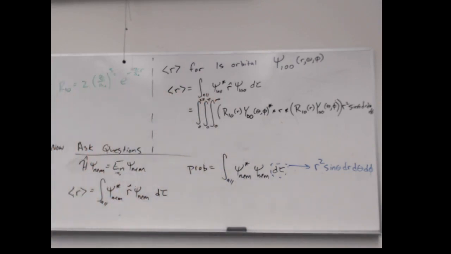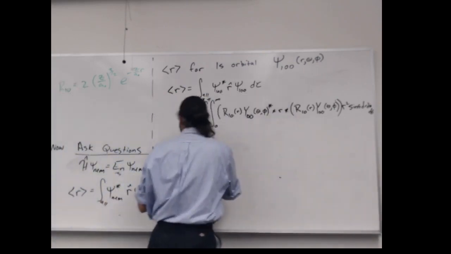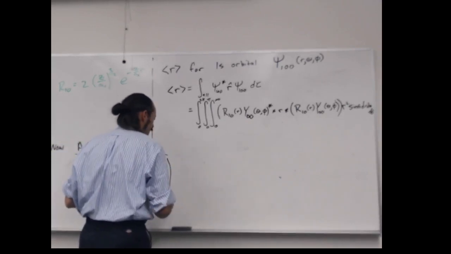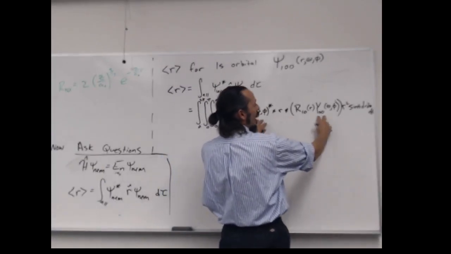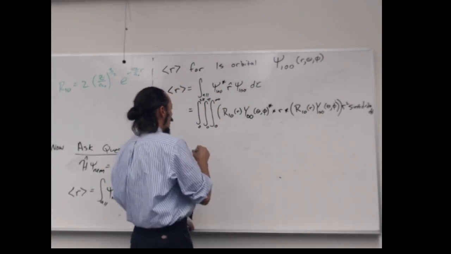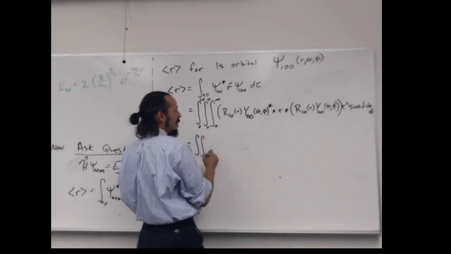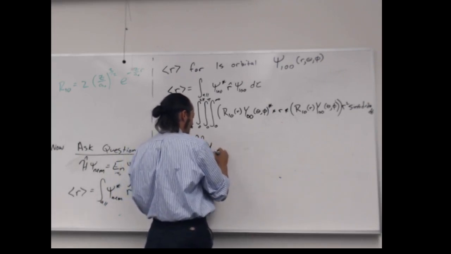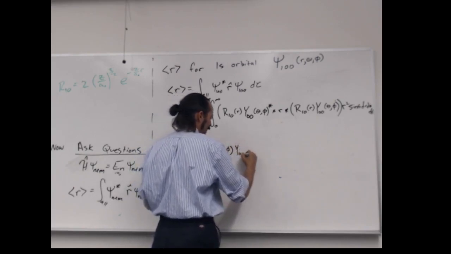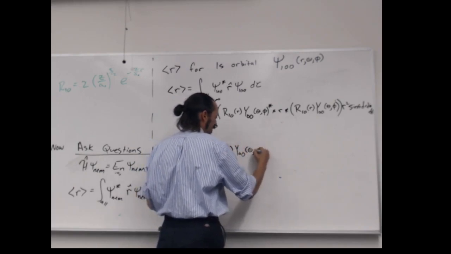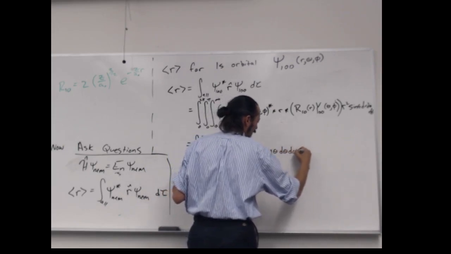Now, this looks pretty gnarly, but we can use some of the things that we know in order to simplify things. Notice I've got R pieces and I've got Y pieces, thetas and phis. So I'm going to split this into two different sections. I'm going to have a double integral of Y00(theta, phi) star Y00(theta, phi) sine theta d theta d phi.